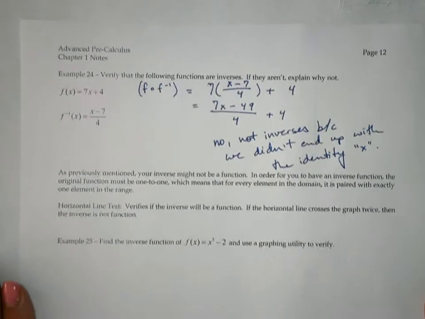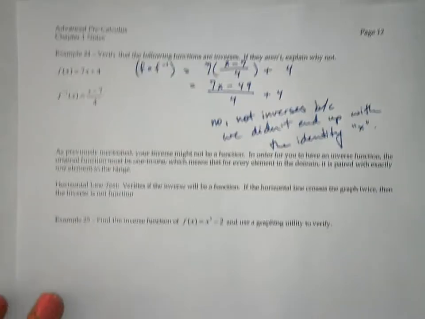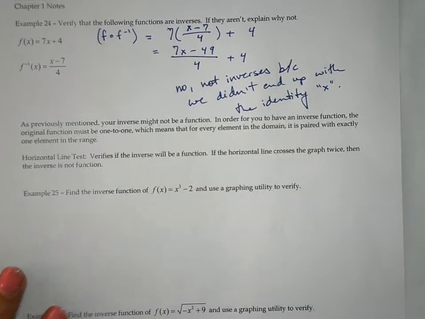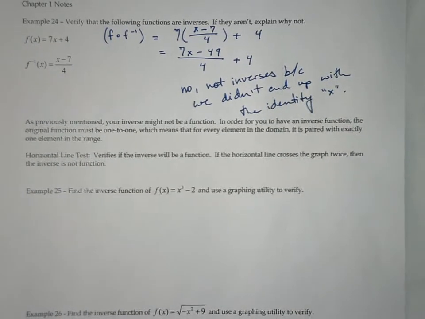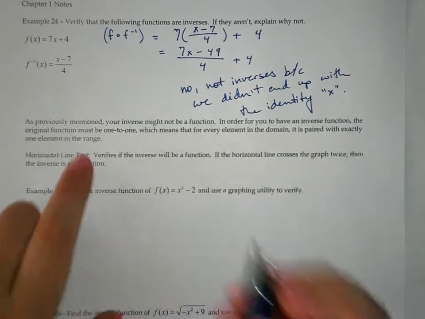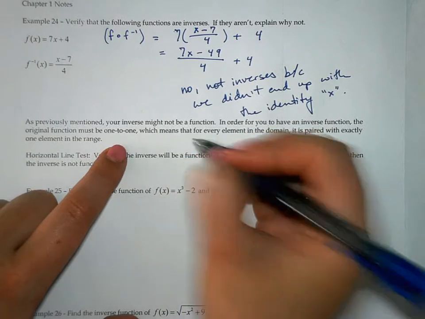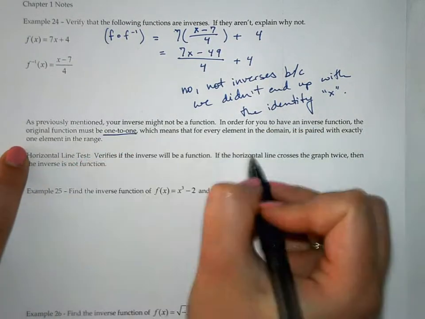Okay. So, to discover whether or not things are functions, I mentioned that briefly before, we have to make sure that it passes a graphing test if we're looking at it. Well, there's another way you can do it too. We say that something that is a function and its inverse is also a function means that something is one-to-one.